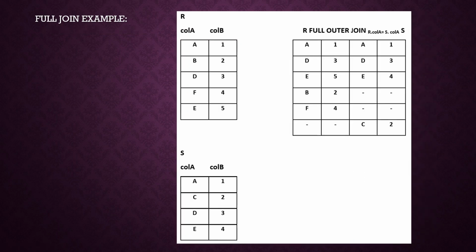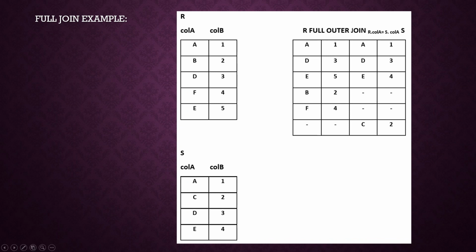Next, full join. What do we mean by full join? Full join indicates we have to include all the elements of R and S. So first we write R full outer join S on R dot column A equal to S dot column A, which is the condition. Display all the elements of set R, and after this all the common elements of R and S should be displayed.